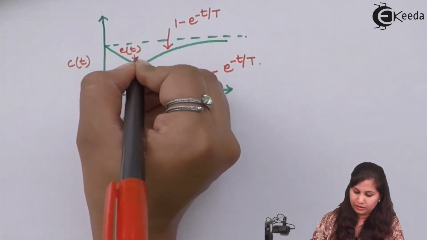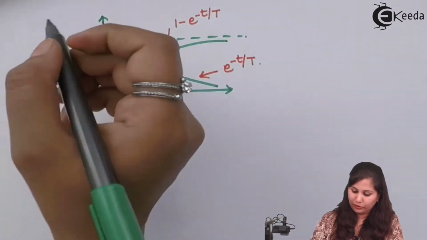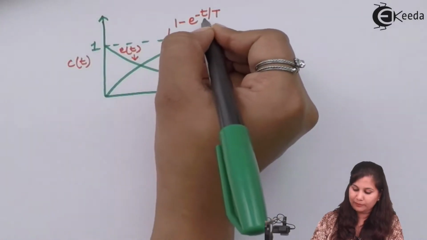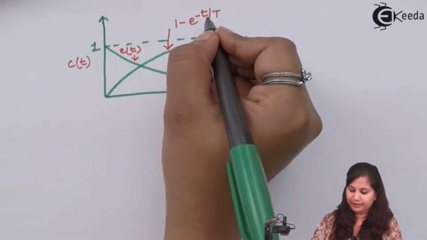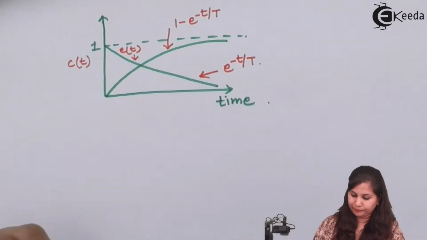This green dashed line is 1 unit, and on the x-axis we have time.